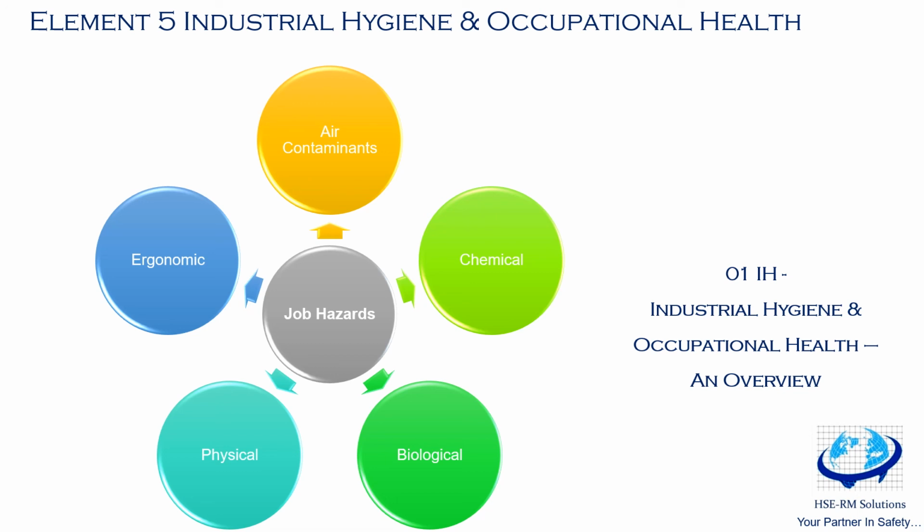Anything and everything entering our body through any means of entry is harmful for us if it is not in specific quantities or is in greater quantities. So this is what the industrial hygienist does. They analyze it.